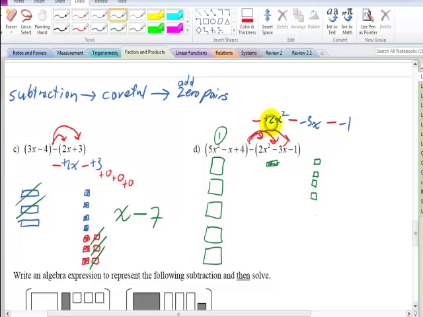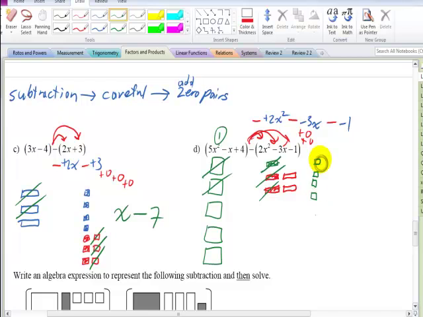Can we take away 2 positive x squareds? Easily. Okay. What's the next part that we have to take away? Negative x's. How many? 3. Well, we can take away 1. Then what do we have to draw? Yeah, we have to put down a 0 pair. How many? 2. So we have to put down 1 0 pair and 2 0 pairs. Now we're allowed to finish our subtraction and take away a combined total of 3 negative x's, negative 3x.